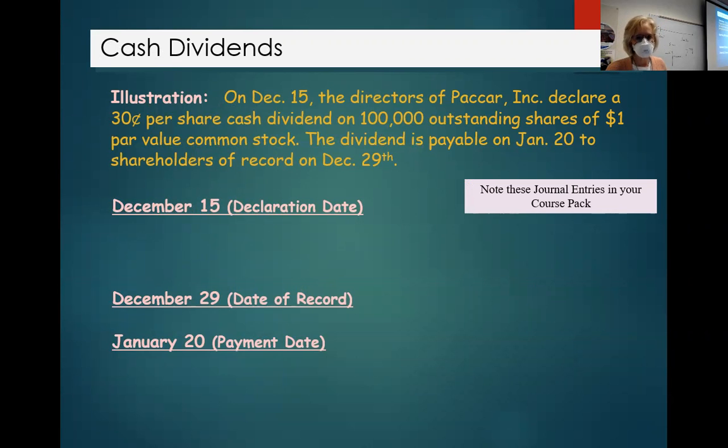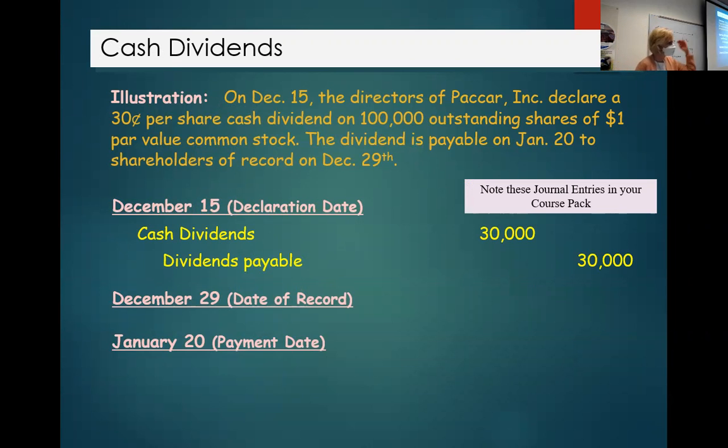How much per share? So the company declared a dividend. You guys recorded this on Friday. Debit cash dividend. If you didn't record it on Friday, feel free to record it now. So get out your course packs, and I'd like you to write down these journal entries. We are on page 79.